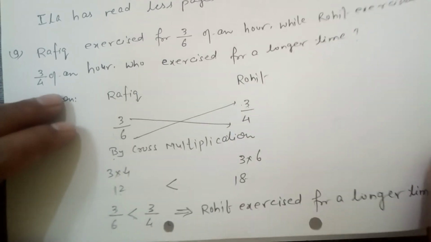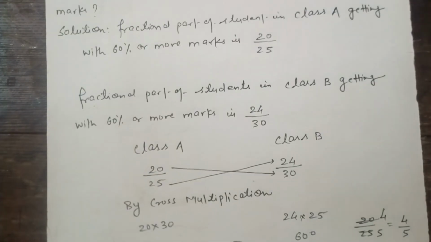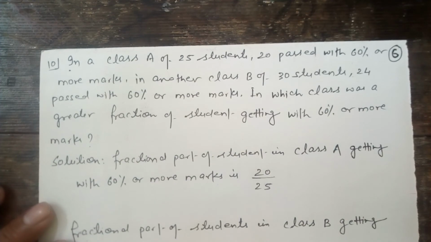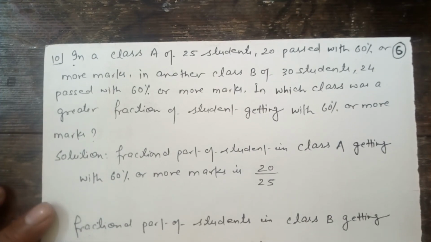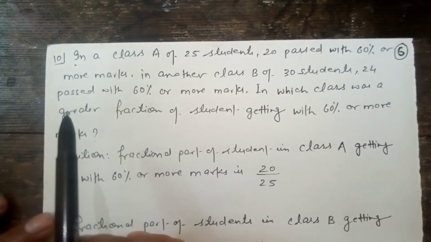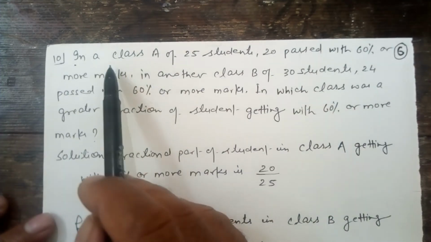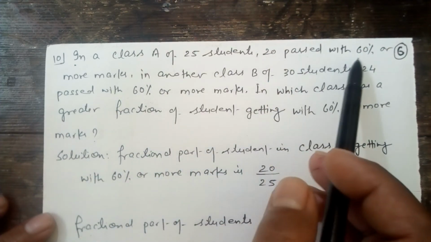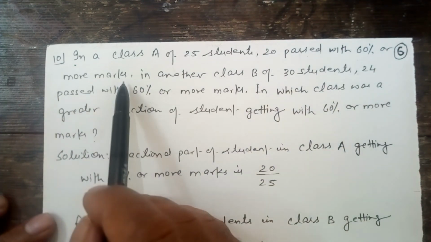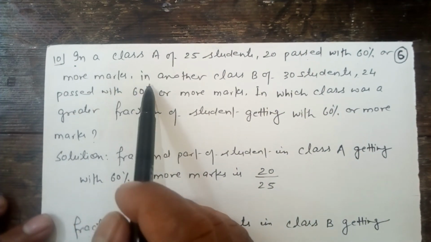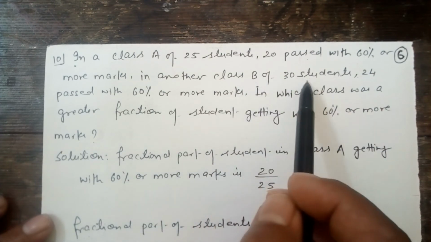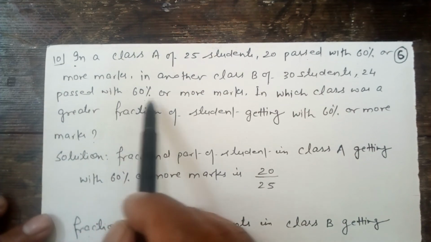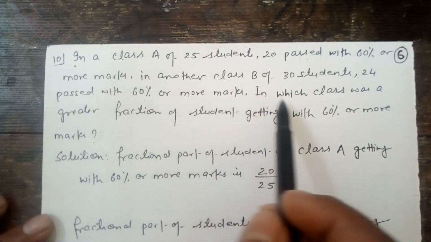My dear student, your question number 10 is, all these questions depend on your book exercise. In a class A of 25 students, 20 pass with 60% or more marks. In another class B of 30 students, 24 pass with 60% or more marks.